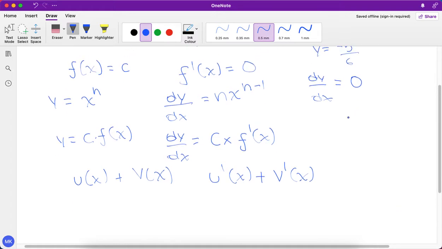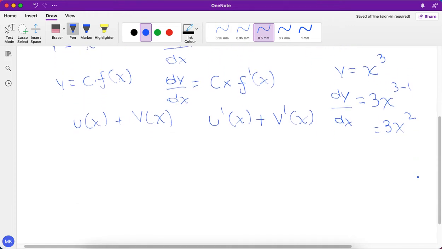Now, if we have y equals x cubed, so this is the second rule, then dy by dx is equal to, so x to the power of n, so it will be n into x, and 3 is basically n, so 3 into x to the power of 3 minus 1, so that is 2, so equals 3x squared.